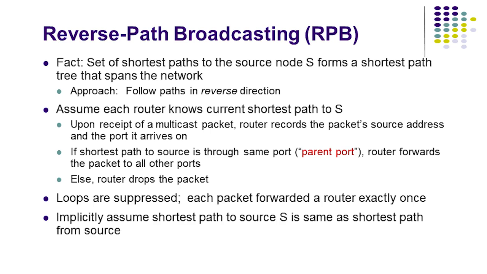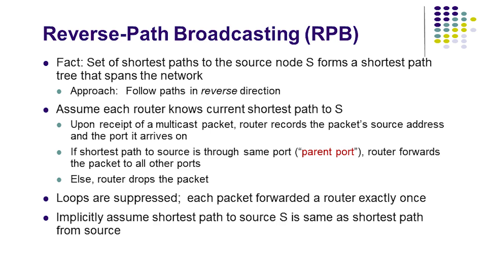Assuming that each router already knows the current shortest path to a given destination, the operation of reverse path broadcasting is quite simple. Upon receipt of a multicast packet, a router first records the source address of the packet and the port it arrives on.